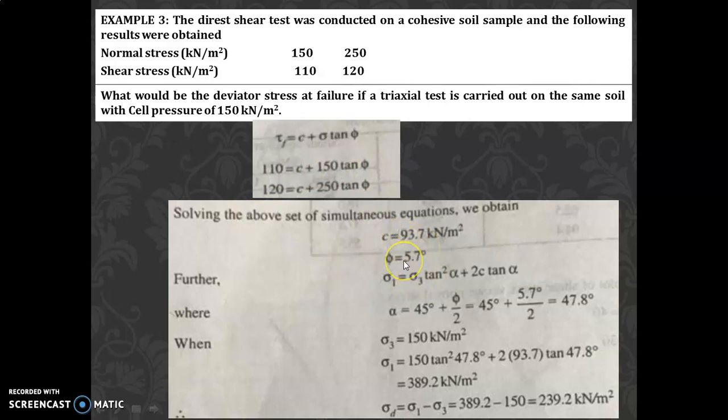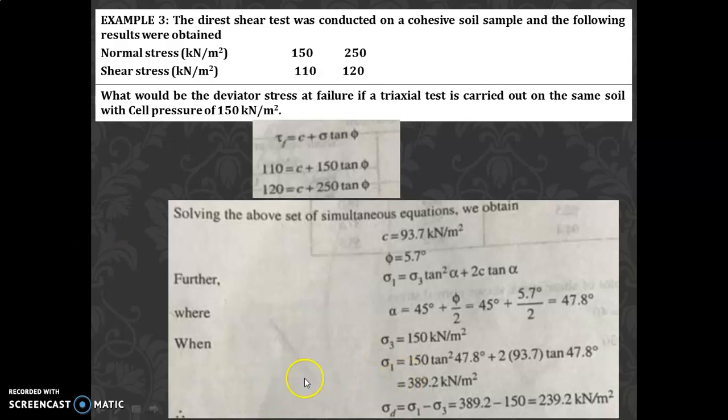Once you have C and phi value, we can use this formula: sigma 1 is equal to sigma 3 tan square alpha plus 2c tan alpha. Now alpha we know, that is 45 plus phi by 2, so 45 plus 5.7 divided by 2, equal to 47.8 degree, that is alpha. Now we have the cell pressure value, sigma 3, and we have to calculate sigma 1 value.